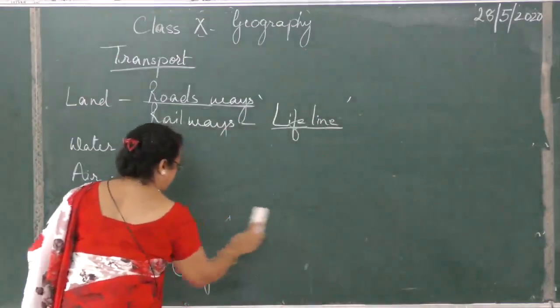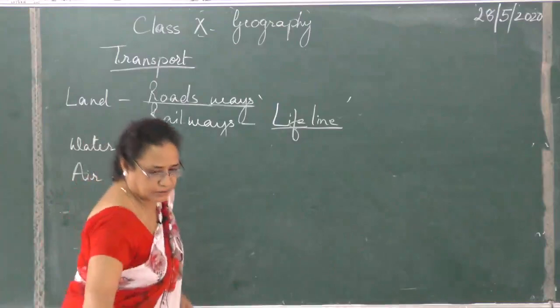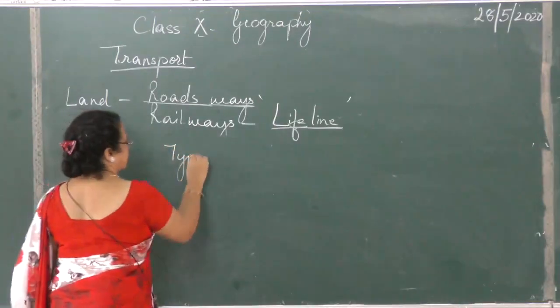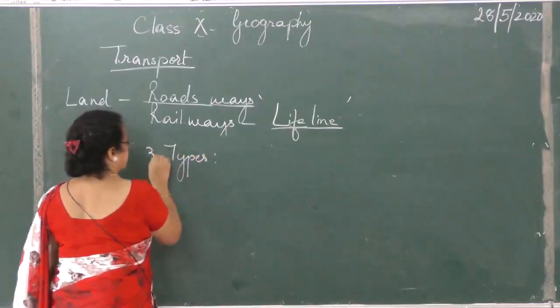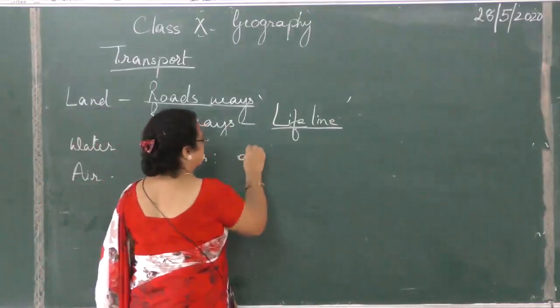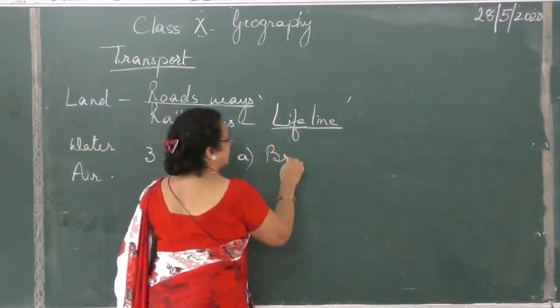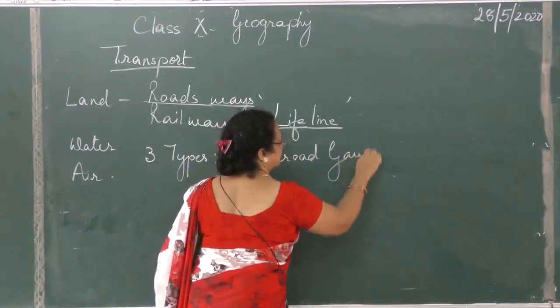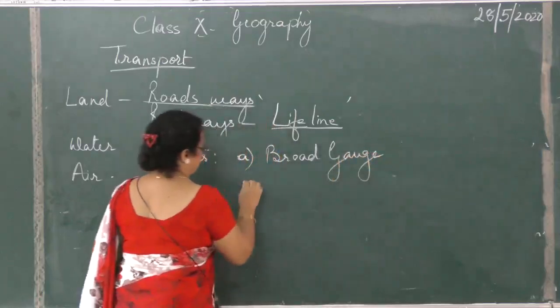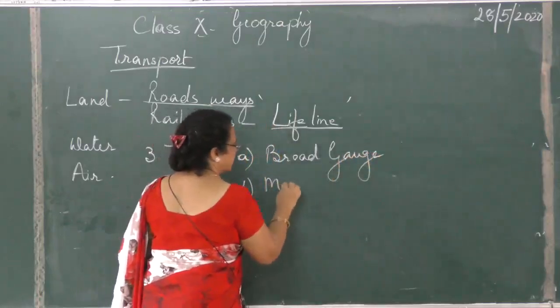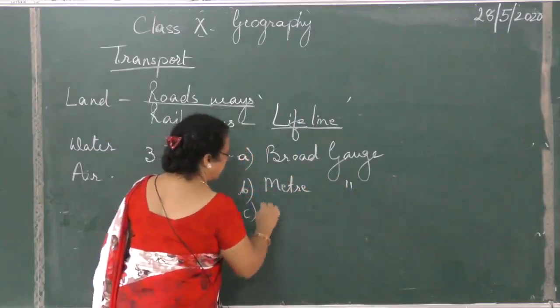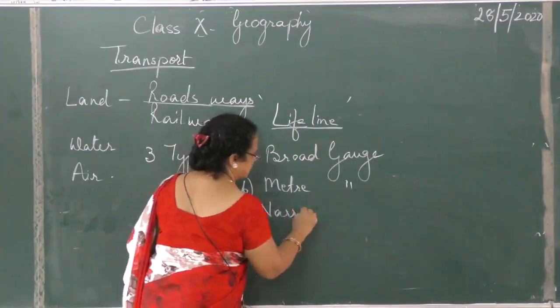With regard to railway lines, there are 3 types of rails. 3 types. You have to get used to these terms. They are known as broad gauge, meter gauge, and third is narrow gauge railway lines.